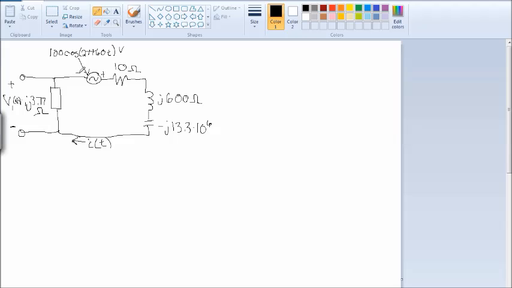So, like I said, I'm going to start with a KVL equation where we already said the sum of the loop voltages should equal 0. So, V1 of t.